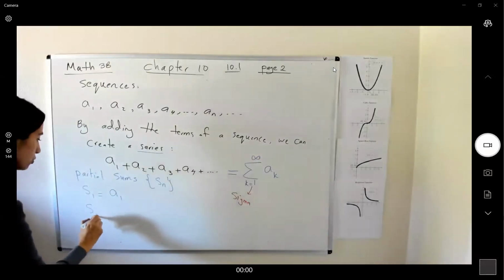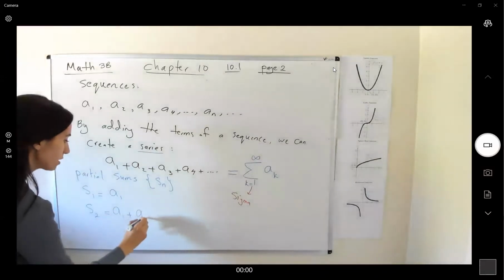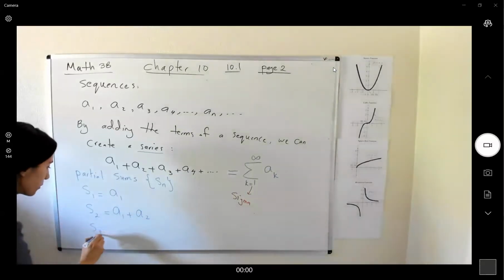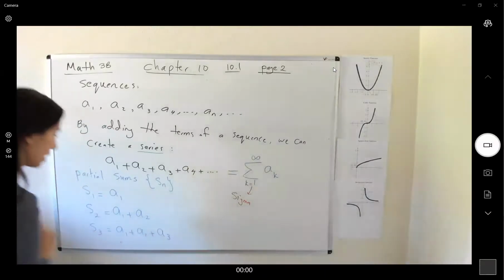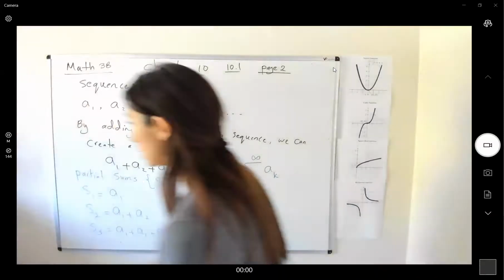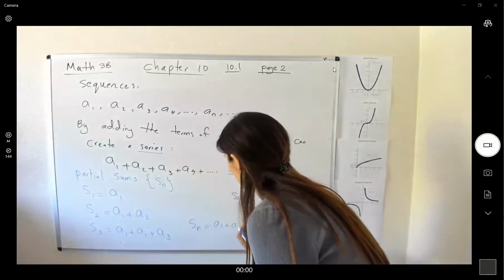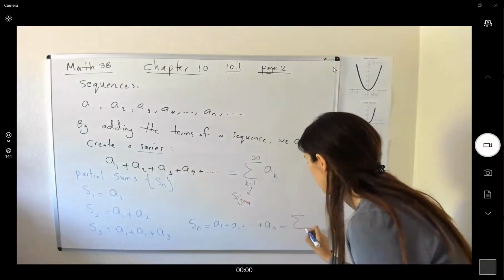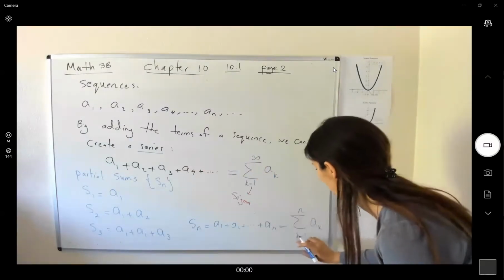S sub 2, the second partial sum, is a sub 1 plus a sub 2. S sub 3 is a sub 1 plus a sub 2 plus a sub 3, and you can continue this process. For example, you can define S sub n, which is a sub 1 plus a sub 2 up to a sub n, which is the sum of a sub k, k starts from 1 and stops at n.